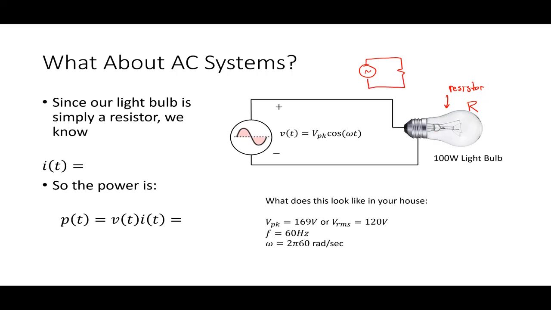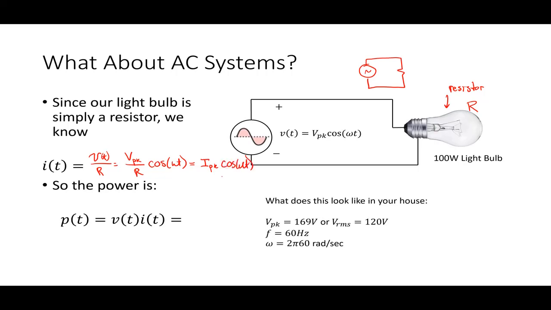If I want to know what the current looks like, I just use Ohm's law. So i(t) would be v(t) divided by R, or V peak divided by R times cosine omega t, so it looks the same as the voltage. In other words, it's in phase with the voltage. Sometimes I just write that as I peak times cosine omega t.